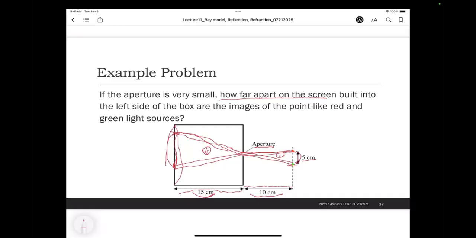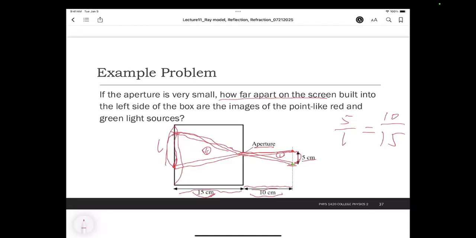For example, we set it as L, and this is 5, divided by L, the ratio is the same as 10 divided by this one. I think you have already learned this in high school or in former chapters. They have this relationship.